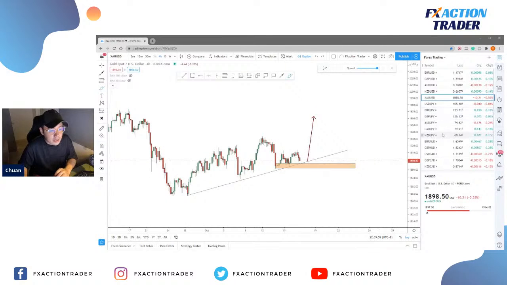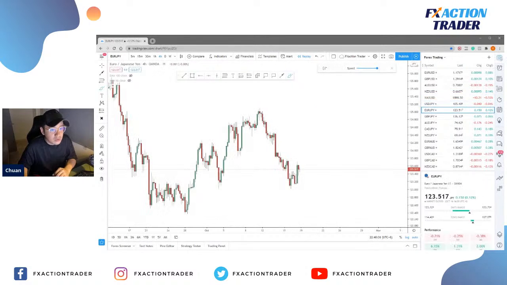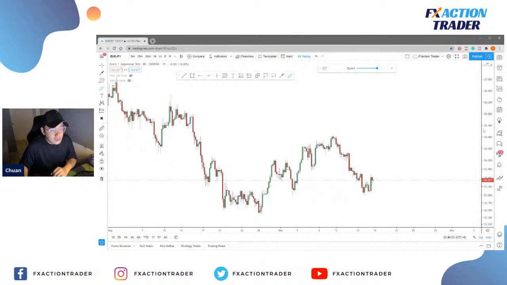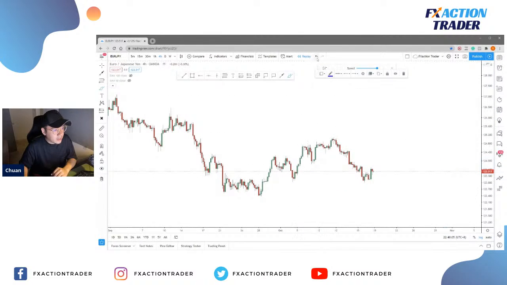Let us have a look at the euro yen. On this euro yen, market is still in the downtrend because we keep seeing lower lows and lower highs.